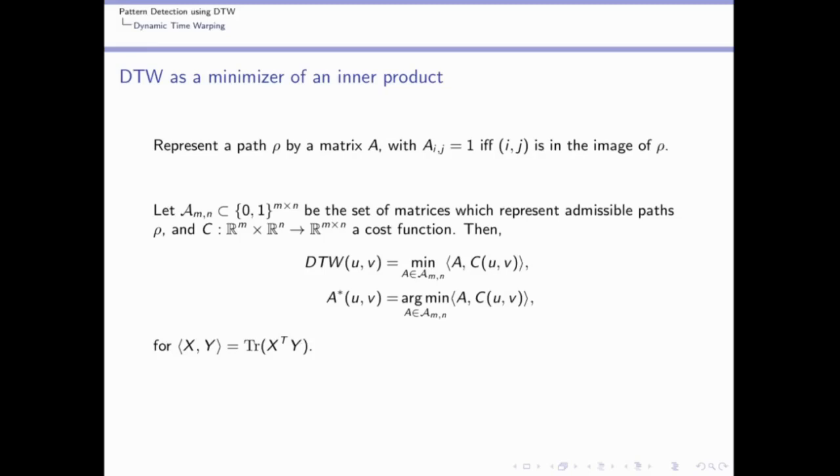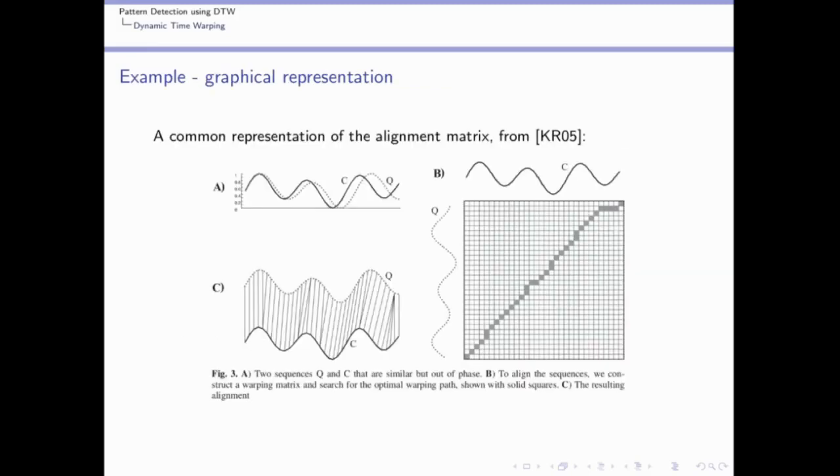And similarly, A star, the matrix which corresponds to an optimal rho star, is given by the argmin of that same scalar product. To show you a representation of that, here consider two curves C and Q, which are pretty similar. In the bottom left figure, figure C, you can see the matching, the path as depicted previously.